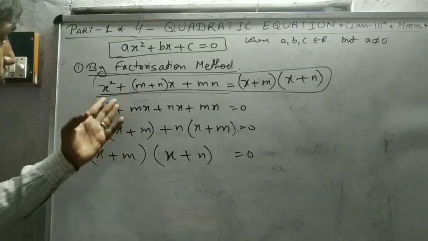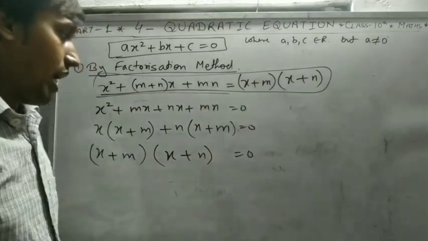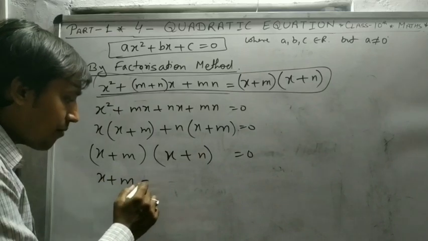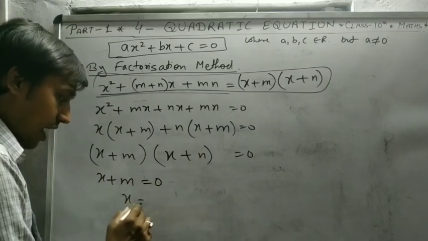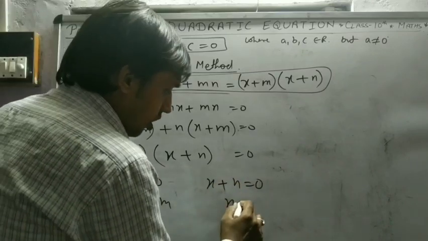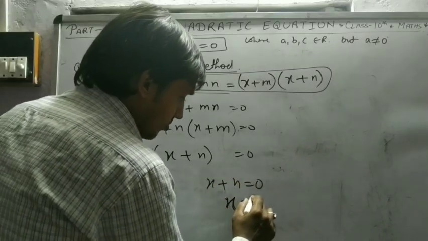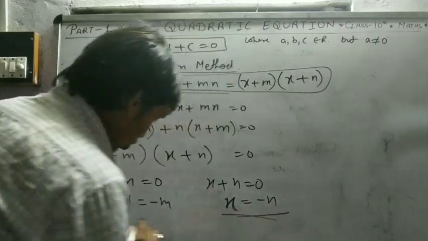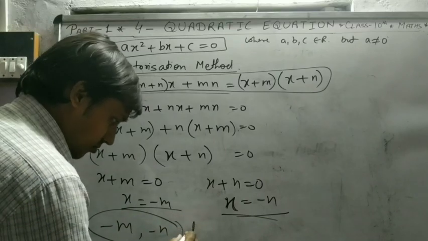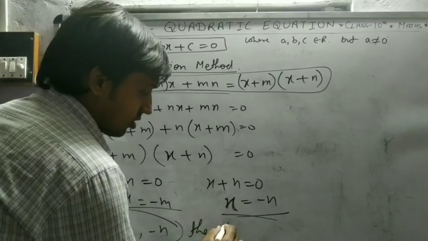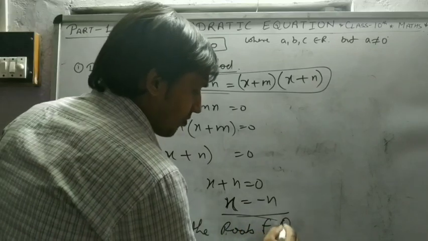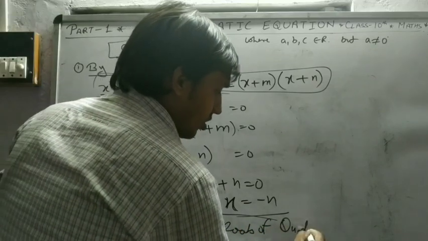So we have to find these two factors, and after finding them, when x plus m is equal to 0, x is equal to minus m, and x plus n equal to 0, so x is equal to minus n. So minus m and minus n are the roots of the quadratic equation.